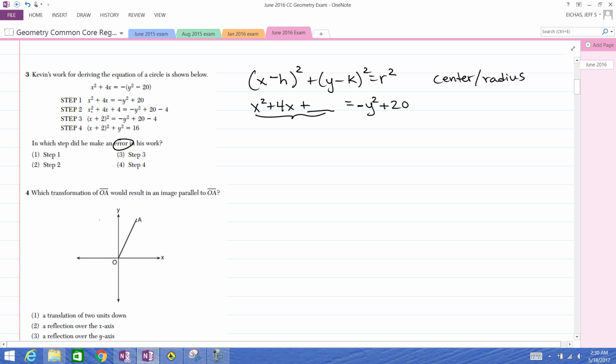That works. Okay, so now it's going to turn into that eventually. So I'm going to have to add in a 4. So whatever I add to the left, I'm going to add to the right. But they subtracted it over there. So we're not going to be able to do that. That's going to be the mistake. The rest of it, yep, that's good.